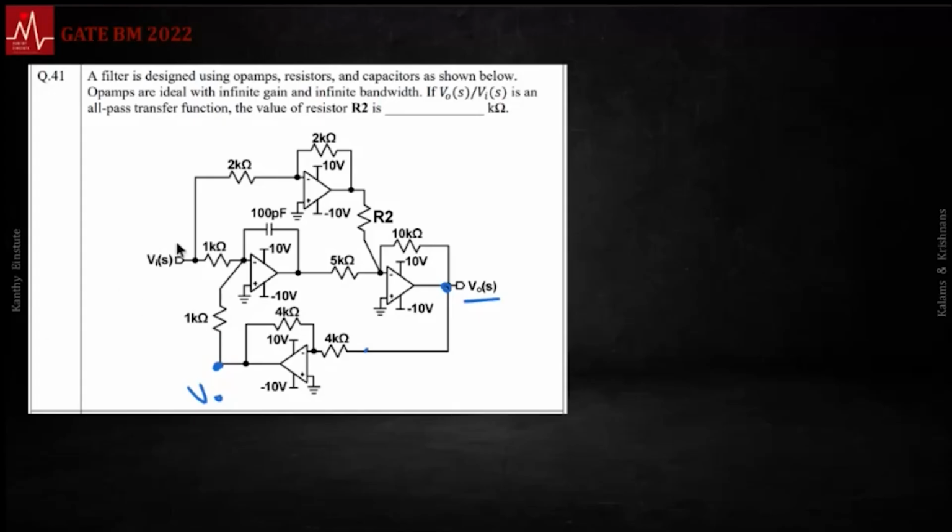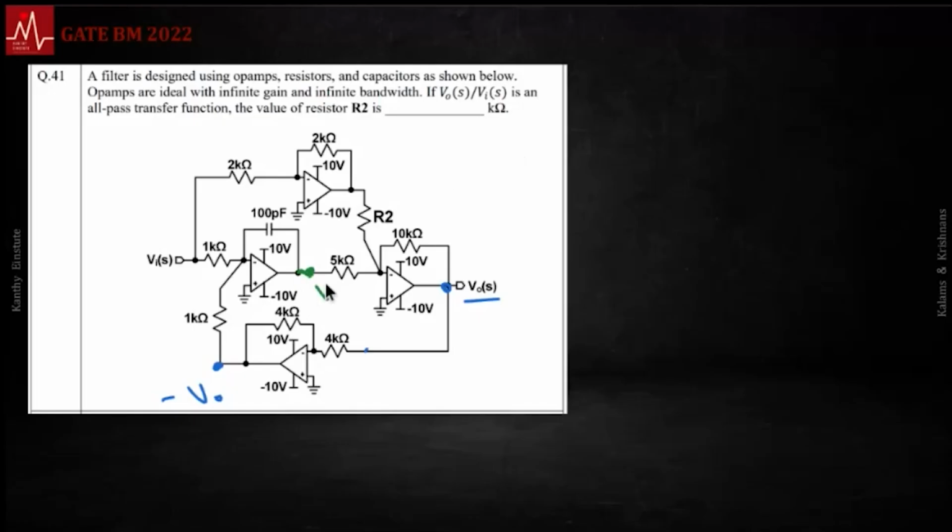So these two are getting a minus V naught. So Vi minus V naught is getting integrated through the inverting terminal. So what I get here is the summation of the two signals. Let me write that down here.